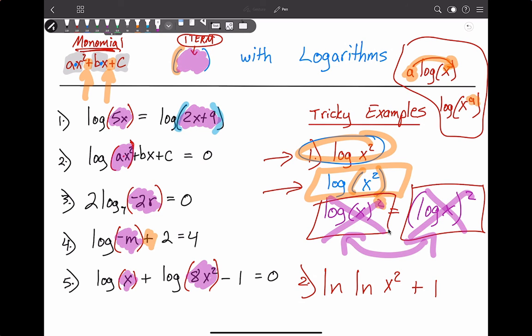The last tricky example is the following. Remember, we said we will initialize the parentheses after a log. So if you do that here, you're probably thinking, I need to stop when I see addition or subtraction, and you'd be correct to stop here. But there is another parentheses that lies here because you have the natural log initializing a new argument.